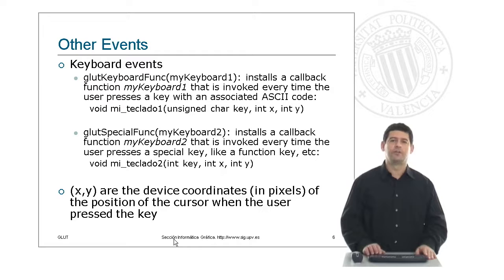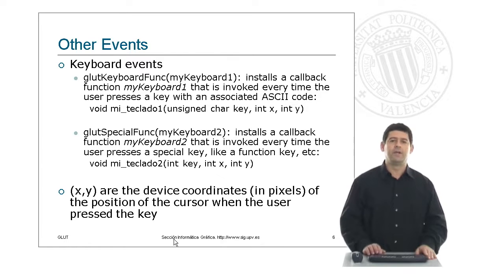Other events are user related, like keyboard events and mouse events. Regarding keyboard events, we have 2 types of events. The first type is events that happen when the user presses a key with an associated ASCII code. To install a callback for this type of event, you use GLOT keyboard func, and the callback has to have the prototype shown in the slide.